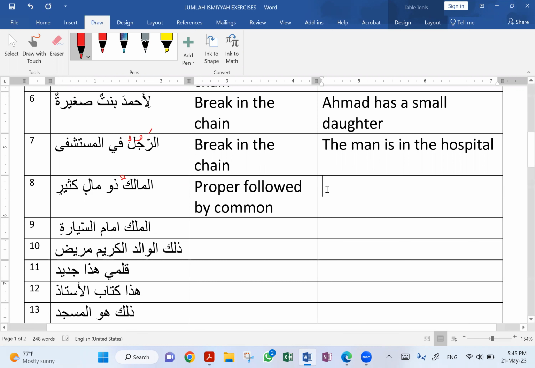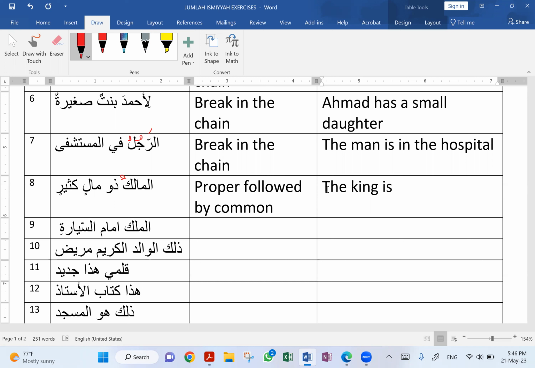Okay, so how do we translate that? Al-Malik, the king. The king has lots of mal. The king is... okay, so how do we translate this? This is going to be interesting. The king is the possessor of lots of mal. There we go. Dhu actually means possessor.